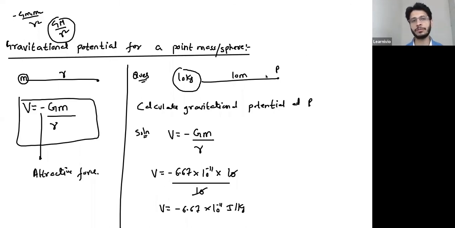But if you have a system having, say, two or more masses, then just like field, calculate potential due to individual mass and then add them up.